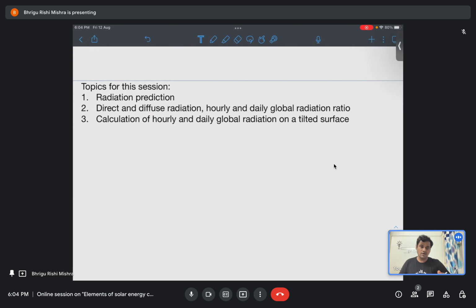First we will briefly look at the terms and formulas studied in the lecture, and then we'll take a problem where we will use these formulas to predict the hourly as well as daily average solar radiation, direct and diffuse, both on a horizontal plane as well as on a tilted plane.